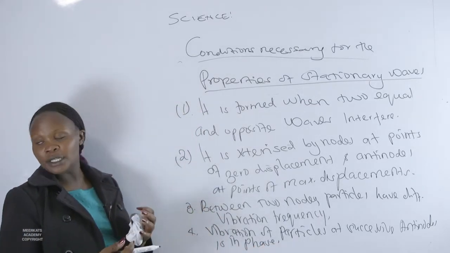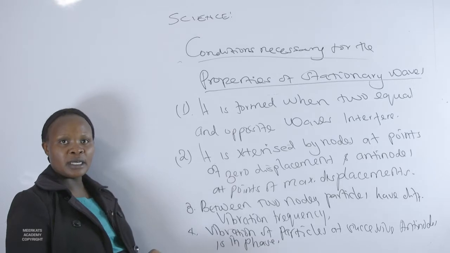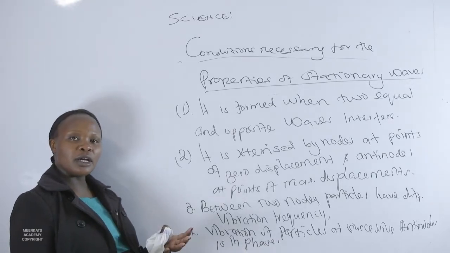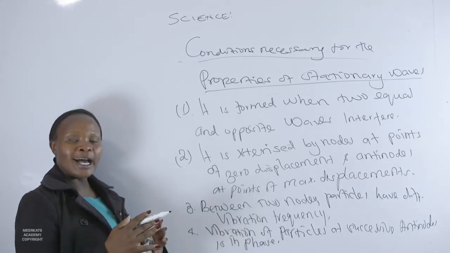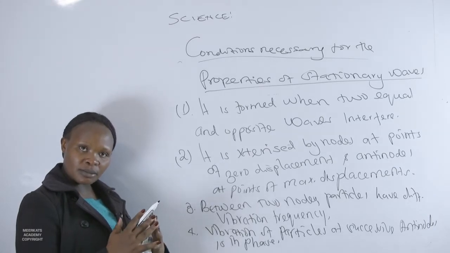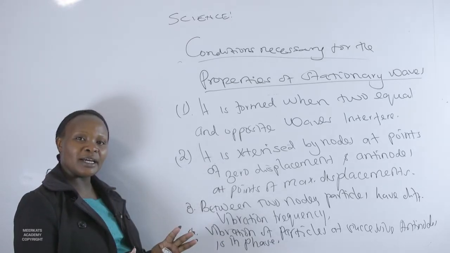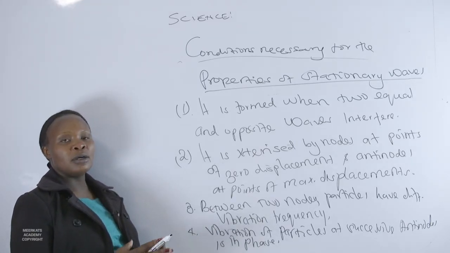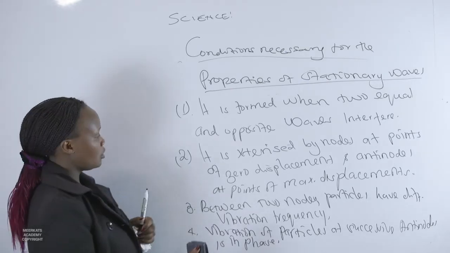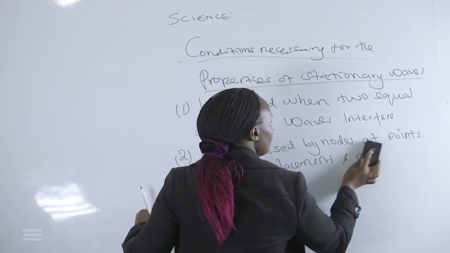That the vibration of particles at antinodes is actually in phase. We said that for two waves to be in phase, they have to be moving in the same direction at the same level of displacement. That is why we say these particles are vibrating in a manner that they are moving in the same direction and at the same level of displacement on the wave. That is what we mean by particles being in phase. We could add one more.